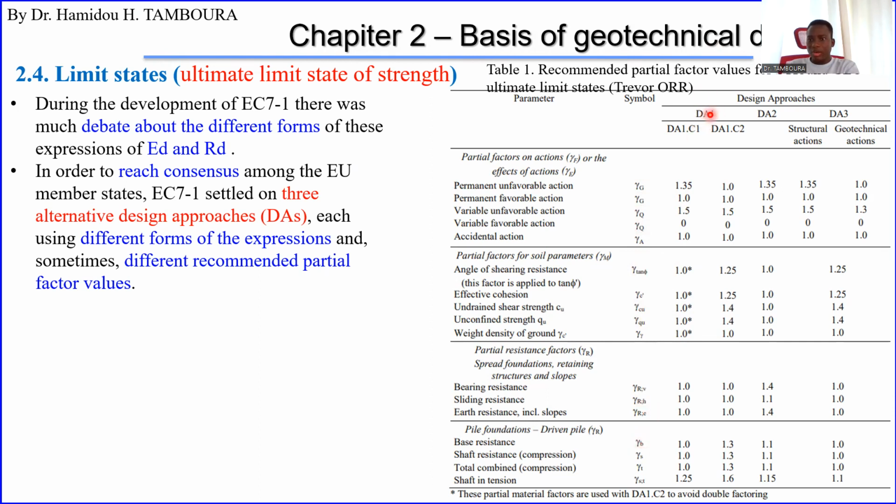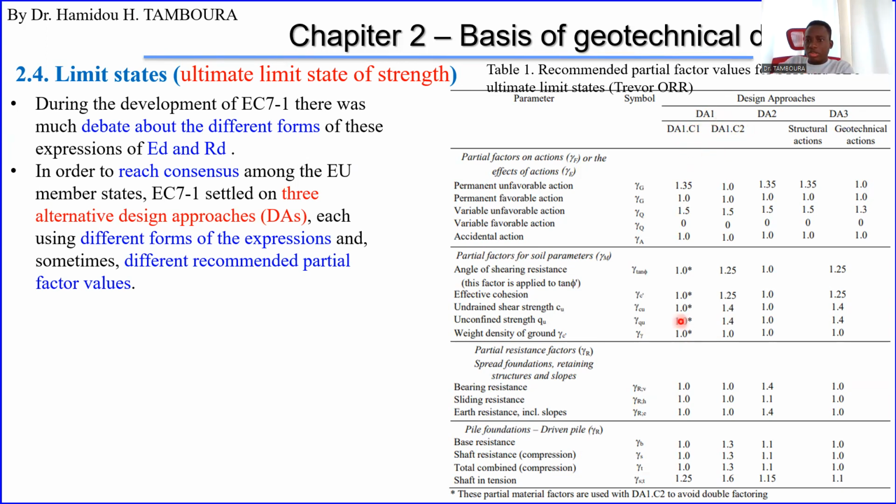We have design approach 1, DA1, design approach 2, DA2, and design approach 3, DA3. In design approach 1, we have 2 combinations possible, combination 1 and combination 2.